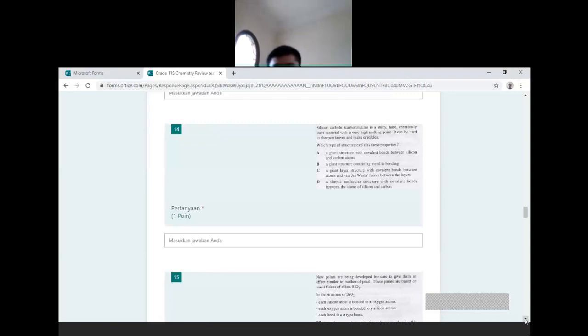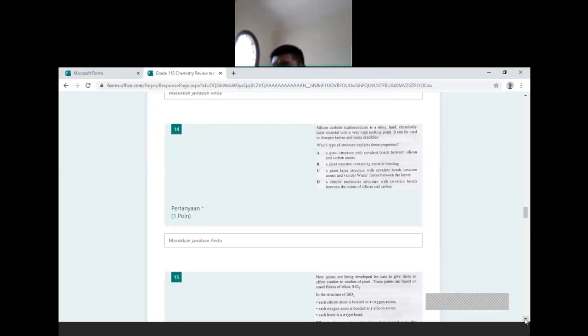A giant structure, which type of structure explains these properties? So the question is asking which type of structure explains these properties. Silicon carbide is a shiny, hard, chemically inert material with a very high melting point.